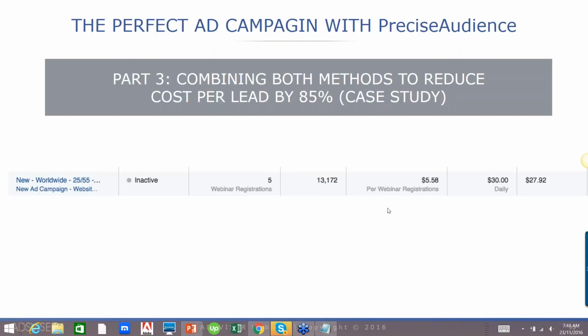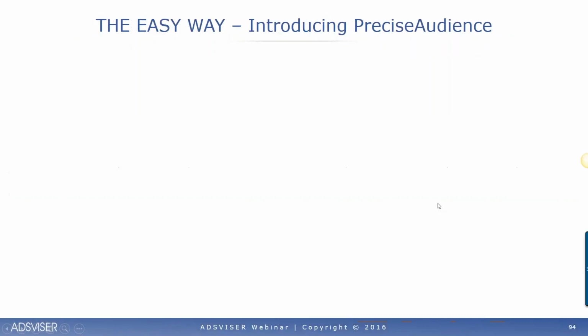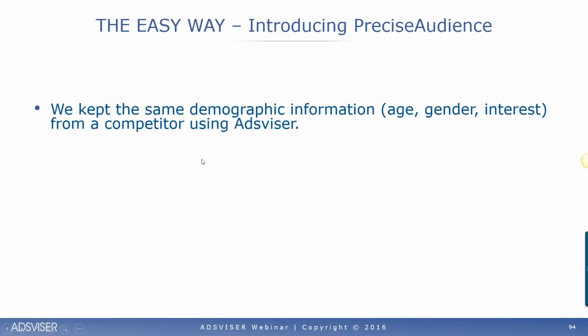Then we went into Precise Audience and Adsviser, and we kept the demographic information the same: the age, the gender, and the interest. This is all from a competitor using Adsviser.